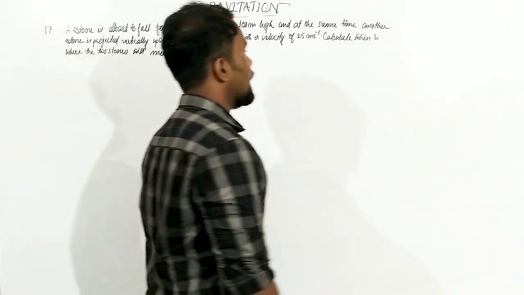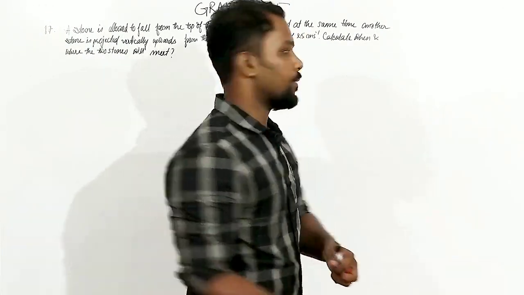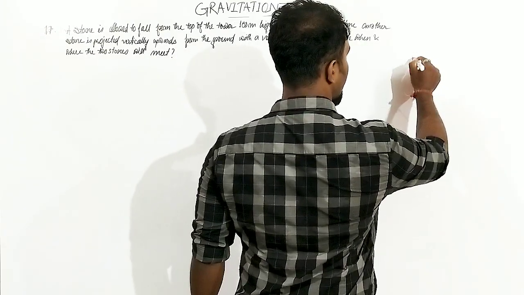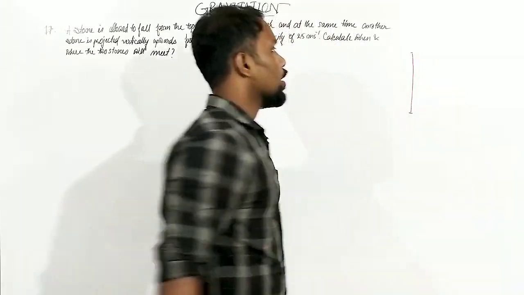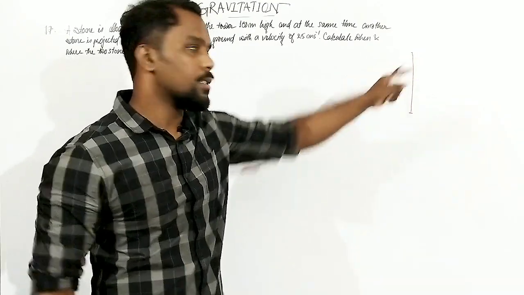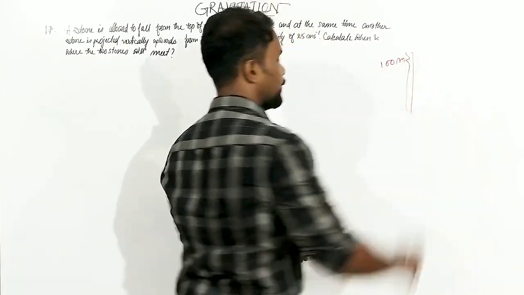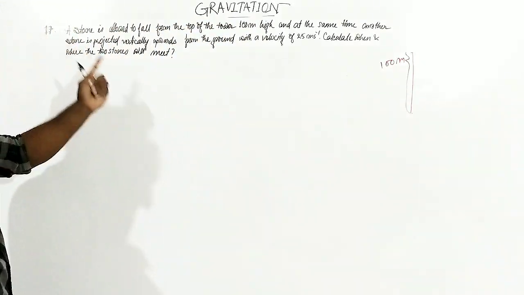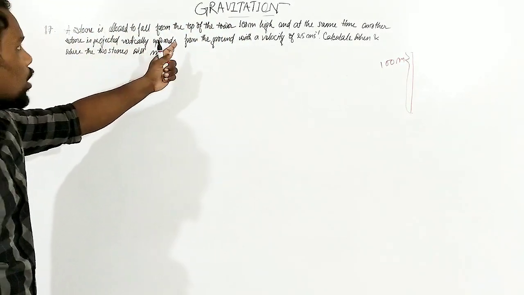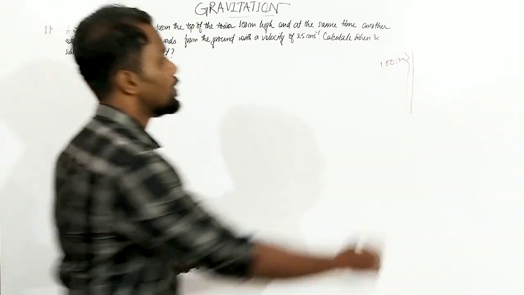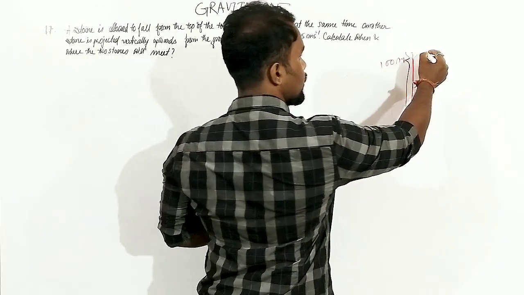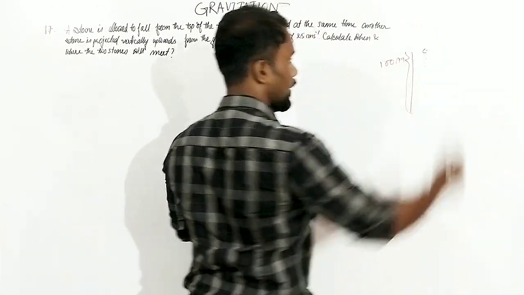First, we are going to draw a figure. Consider this is a tower, and the whole height of the tower is 100 meter. In the first case, a stone is allowed to fall from the top of the tower, like that.